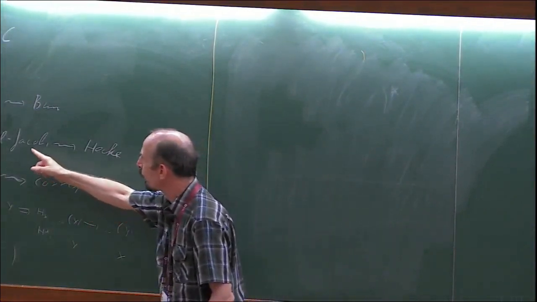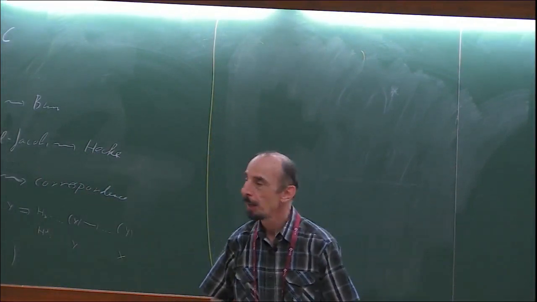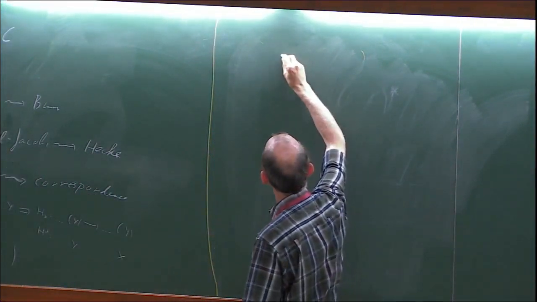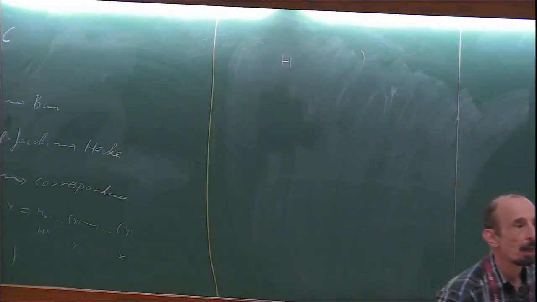So instead of an Abel-Jacobi map, we're going to get a Hecke correspondence. The Hecke correspondence, the domain, by domain I mean the projection onto the first step. Is it projective, or bijective? No, definitely not.